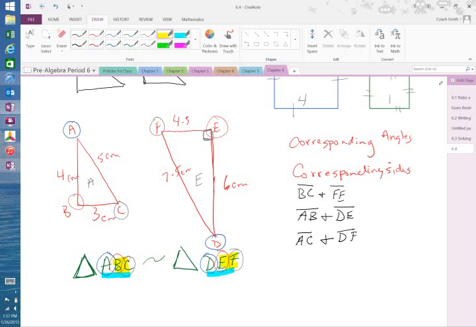The corresponding angles would be angle A and angle D. Another set is angle B and angle E. And the third and final pair would be angle C and angle F. It's an angle sign.